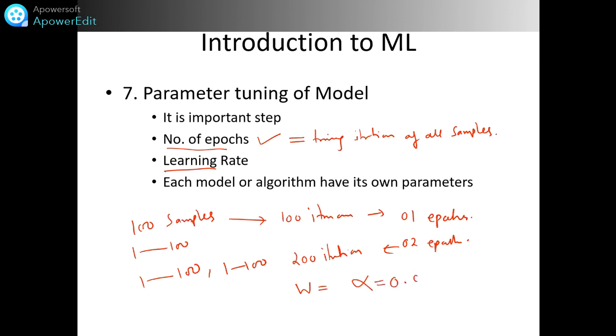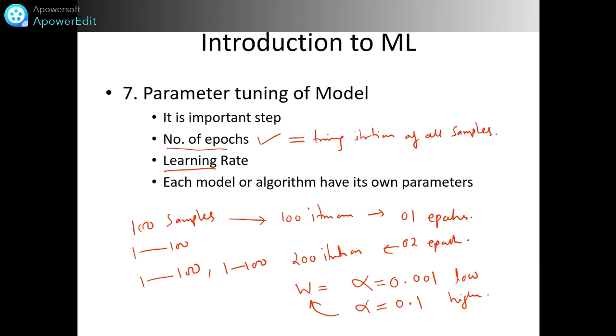If we are taking 0.001, it is a low learning rate, and if we put alpha equal to say 0.1, it is a high learning rate. It is just a ratio in which we are updating the value of W. If we take a high learning rate, your model will train faster, since we are taking bigger steps, so we can increase or decrease the learning rate based on the performance.